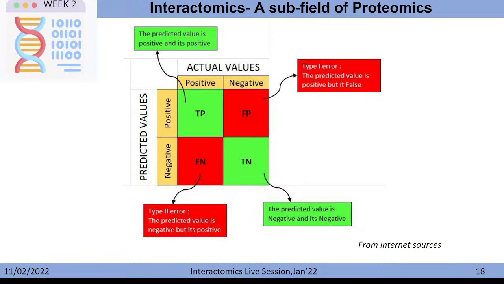Similarly, if you have predicted a disease but it is actually not a disease and it is a control, then it will be your false positive. But don't get confused with the false positive.